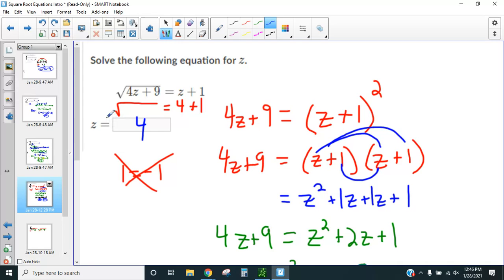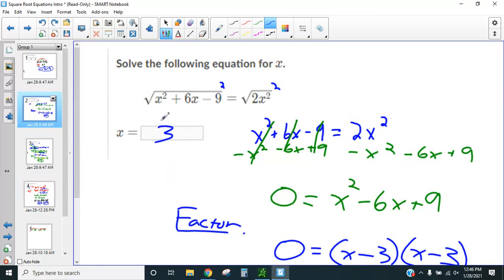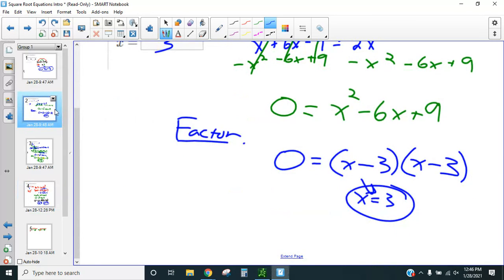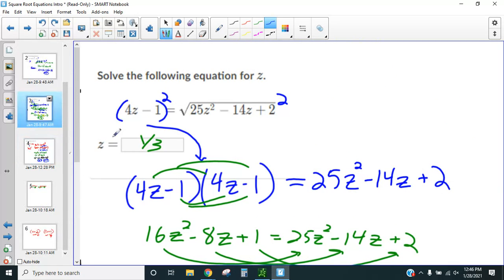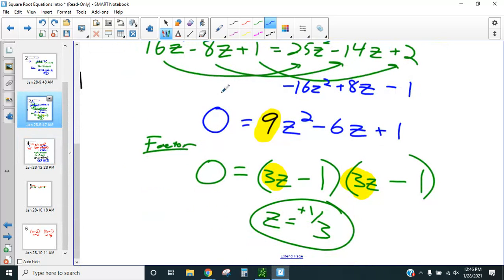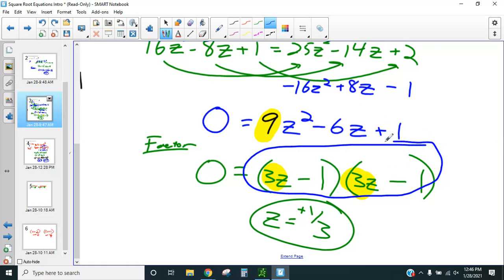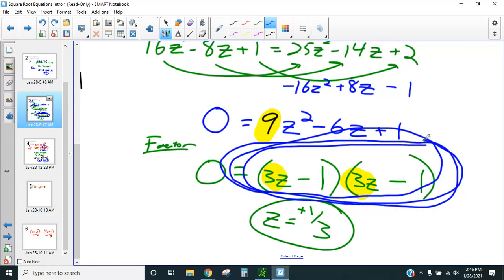All right, a couple other things I want to show you that you're going to see that have tripped up some people. Let's say you factor something and you end up with this. Everybody look up here right now because you're going to ask. Right? Let's say I have factors like this. Well, it's the same thing twice. That part doesn't really matter. But you notice how the factor is 3z minus 1.